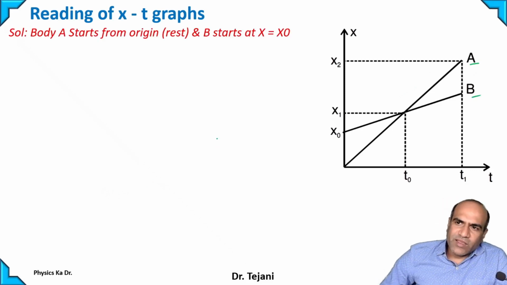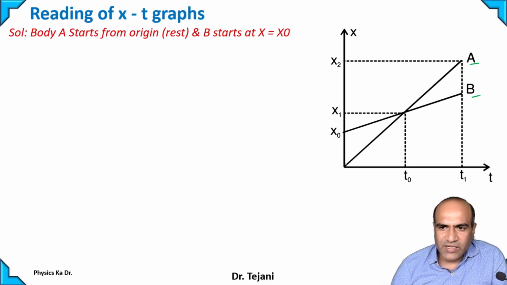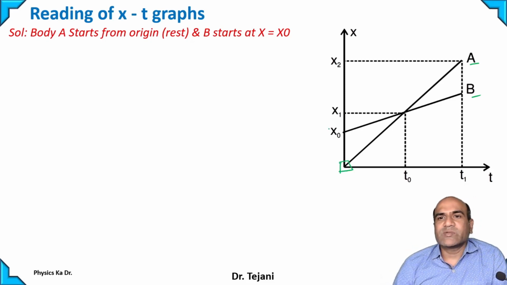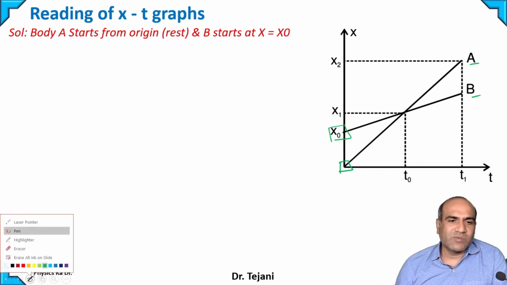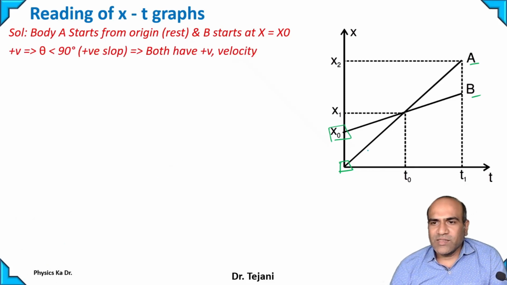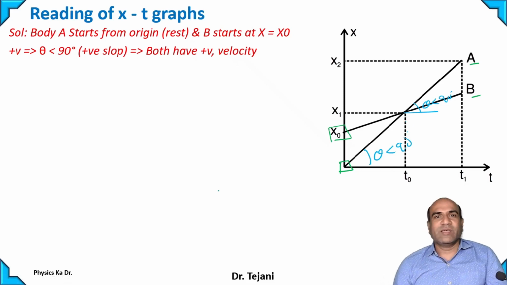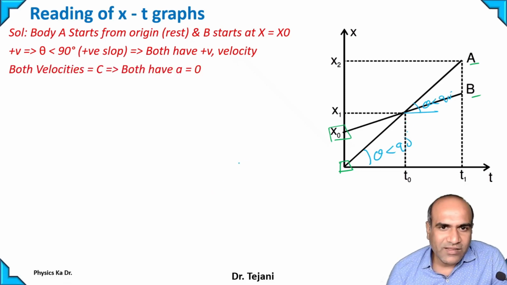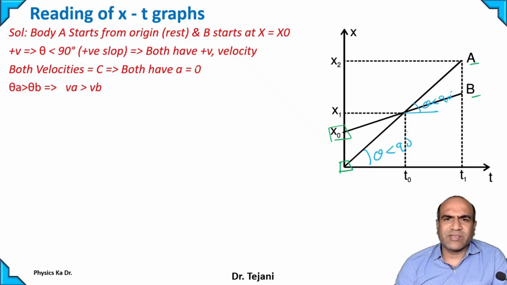A starts from origin, B starts from x0. That is the first observation. Then next, this theta is less than 90 degrees. Again, the theta for A is also less than 90 degrees. So both velocities are positive. Then third, acceleration can have a constant value also.